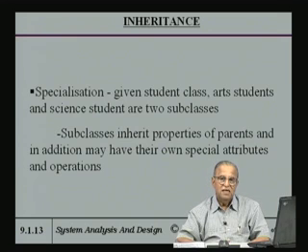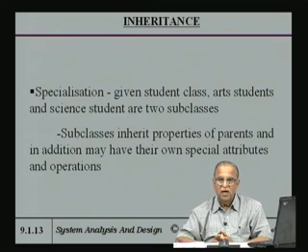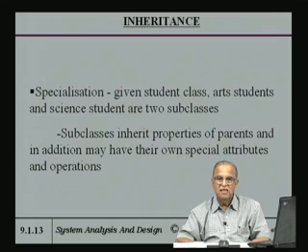In other words, a science student as well as an art student is a student, but the operations and maybe even attributes which are important as far as the art student is concerned may be different from that of a science student, but there will be some common attributes.